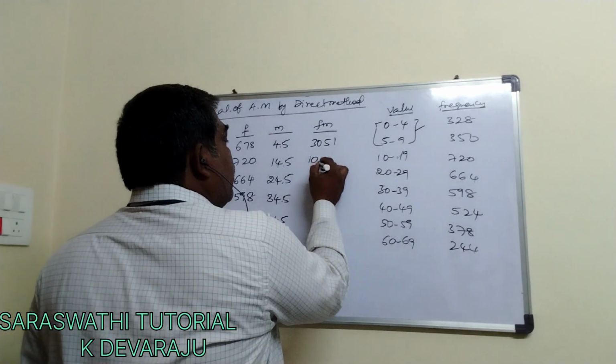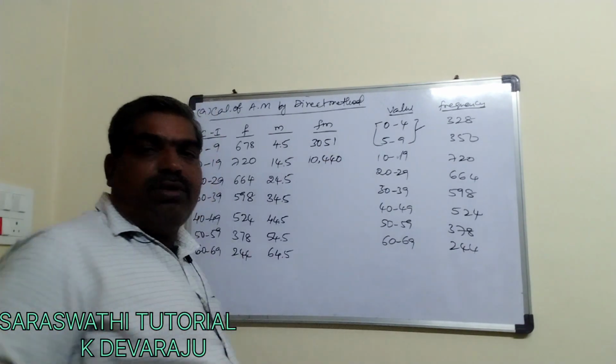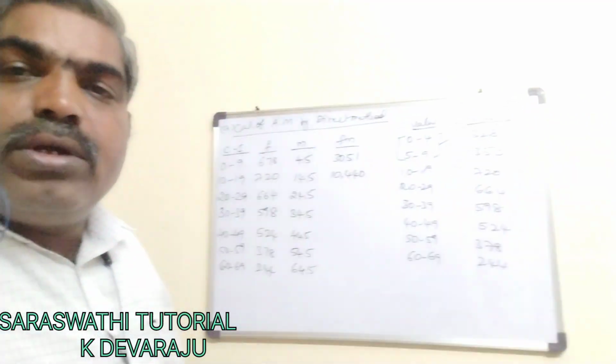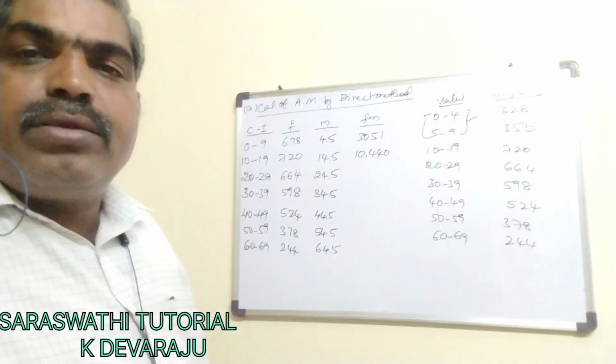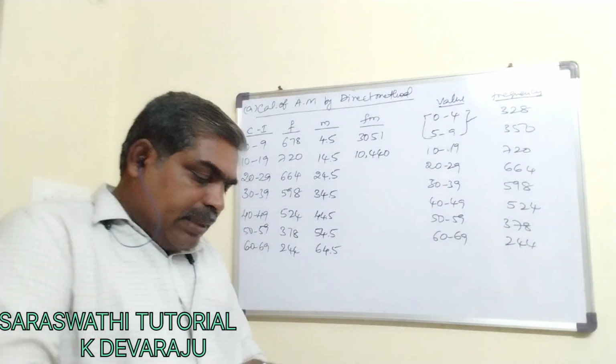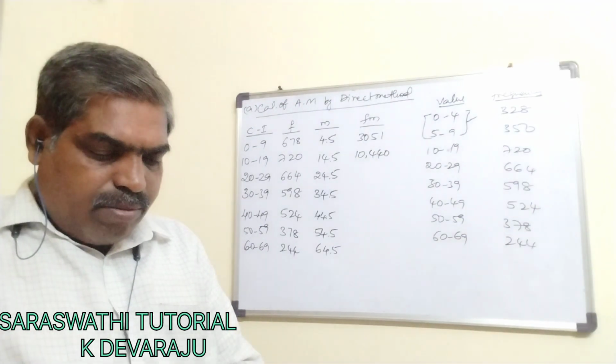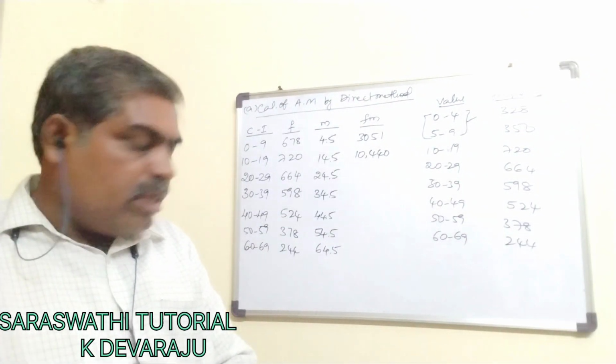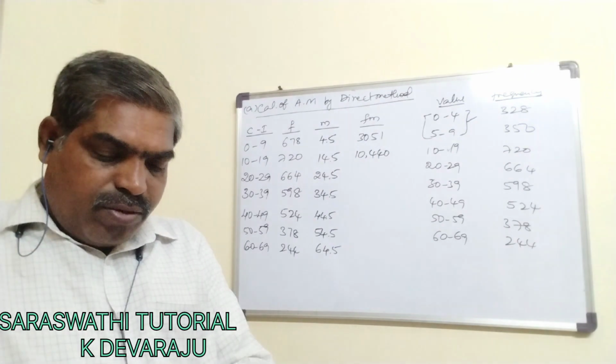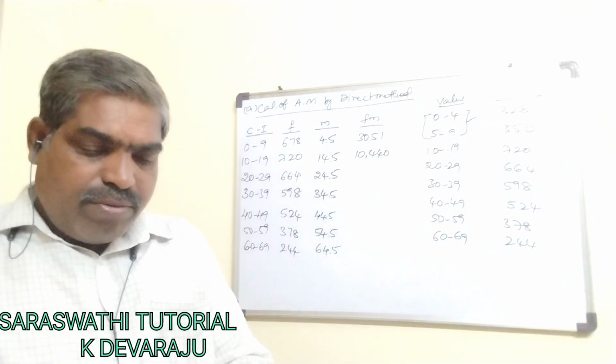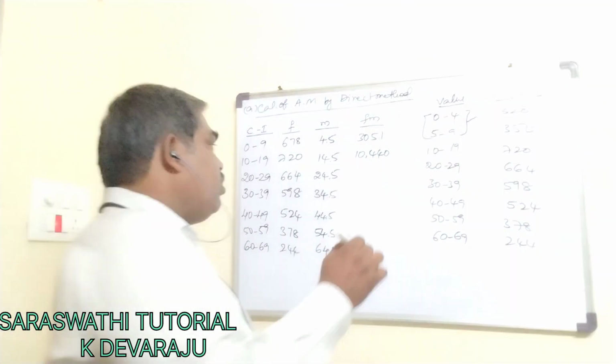Just use the calculator to find it. And the next one, 664 into 24.5 is 16,268.